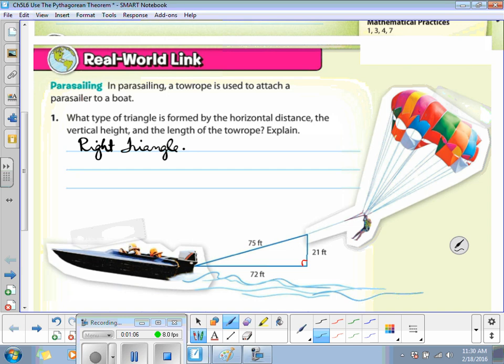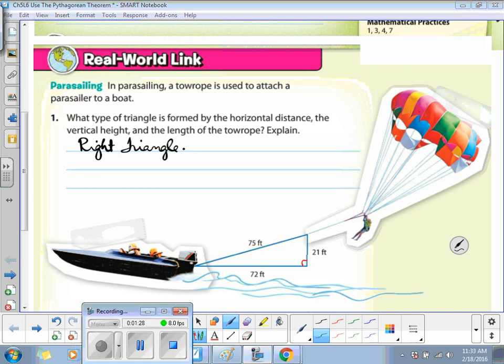Whenever you drop a height, it always meets the bottom of the triangle at a right angle. That's a rule, okay? If we were to drop a height there, it would go straight down, and that would be a right triangle.